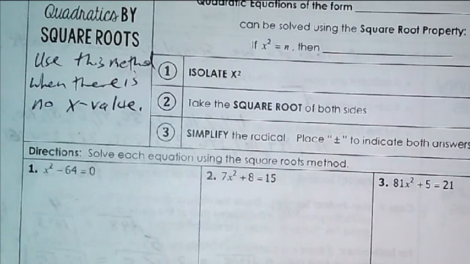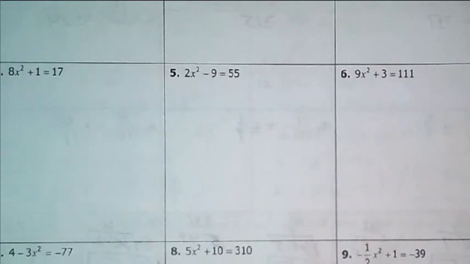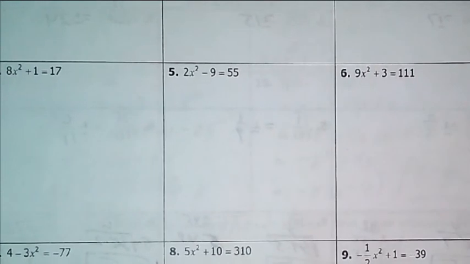Now, look at all of these examples here. Do you see any x values? Is there an x term? No, there's x squared. That's not x. What's the x value? Like 3x. Is there a 3x on any of these, or is anything x?